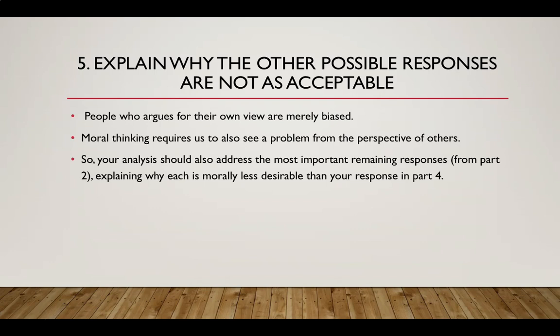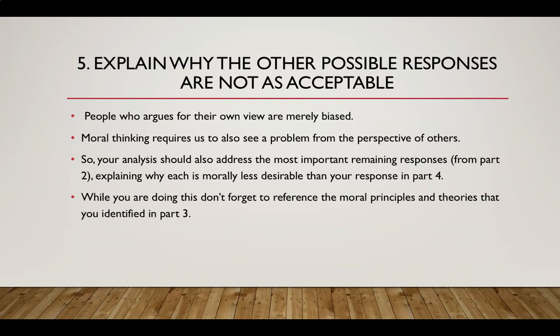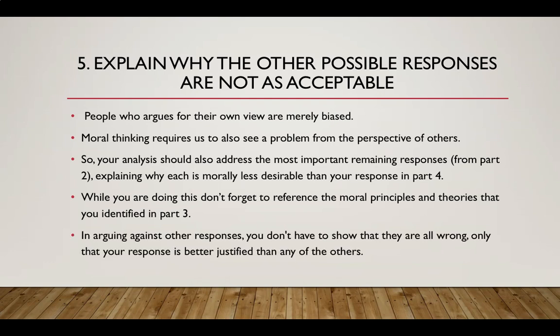So, your analysis should also address the most important remaining responses from Part 2, explaining why each is morally less desirable than the response that you chose in Part 4. While you're doing this, don't forget to reference the moral principles and theories that you identified in Part 3. In arguing against other responses, you don't have to show that they're all wrong, only that your response is better justified than any of the others.